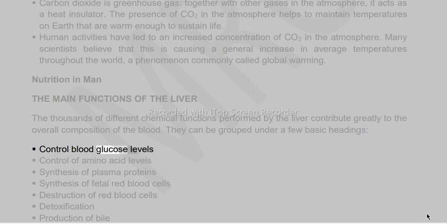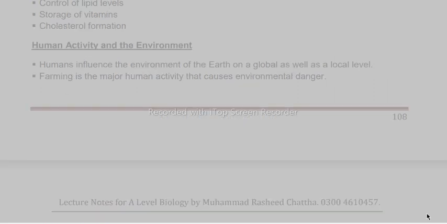Control of blood glucose level. Control of amino acid levels, synthesis of plasma proteins, synthesis of fetal red blood cells, destruction of red blood cells, detoxification, production of bile, control of lipid levels, storage of vitamins, cholesterol formation.